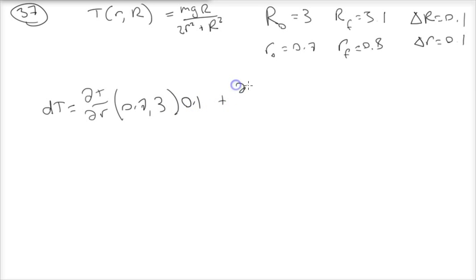Then add that to the partial derivative of big T with respect to big R, again at the initial points, 0.7 and 3, multiplied by dR, which is equal to the change in R, and so that will also be 0.1. I can write that out here for you to see.